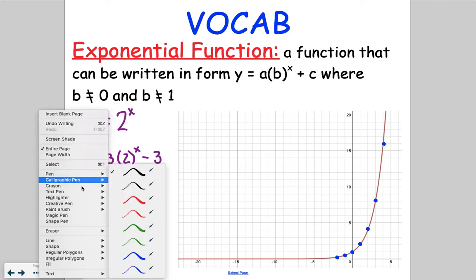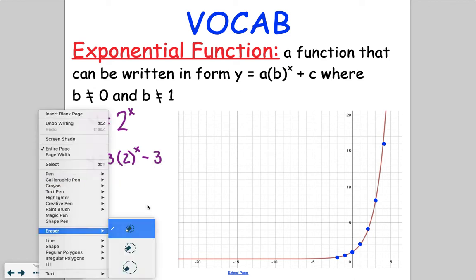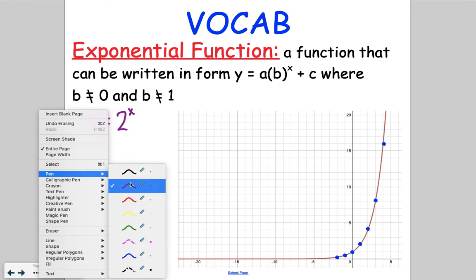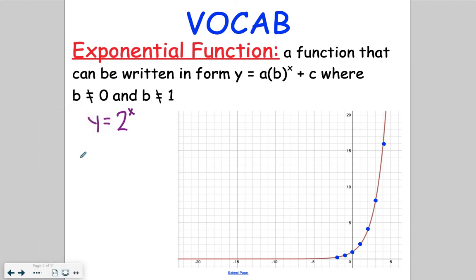Looking at this one that we do have right here, y equals 2 to the x power, how we got those points to graph would be saying 2 to the negative 2 power, which means 1 over 2 to the second power, which is 1/4.